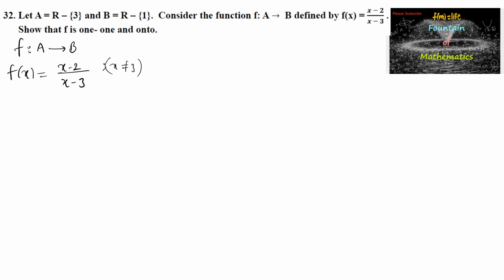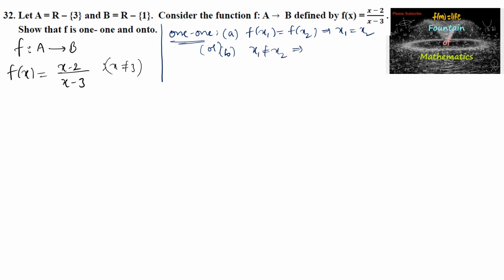For 1 to 1, let me write the definition here. We have two cases to prove it. f of x1 is equal to f of x2 implies x1 is equal to x2. This is how we can prove it. Or else another definition, for x1 not equal to x2 implies f of x1 is not equal to f of x2.